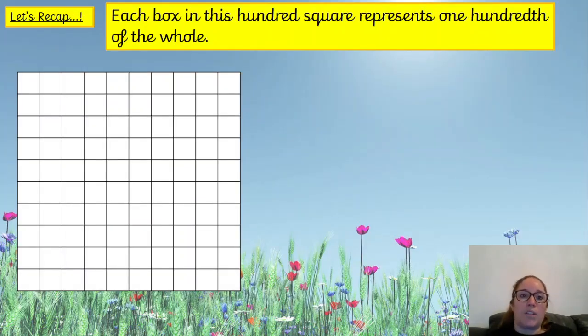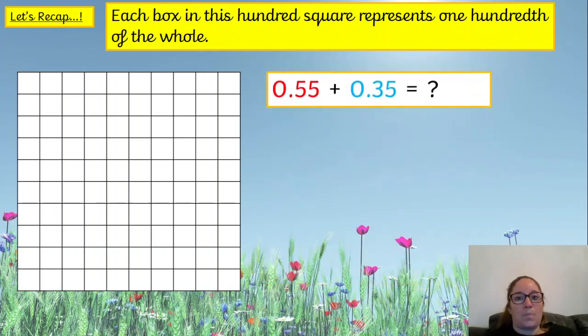Okay, let's recap. So each box in this 100 square represents 1/100th of the whole. Okay, so there's 10 across, 10 down, so there's 100 altogether. So we have got 0.55 plus 0.35. What is 0.55?